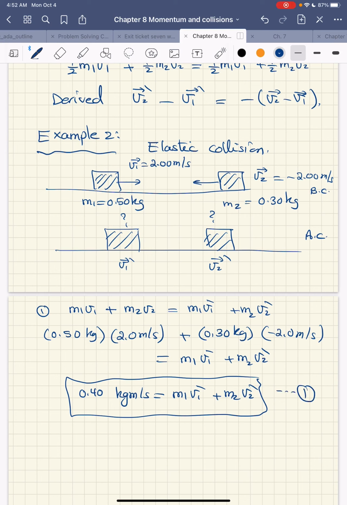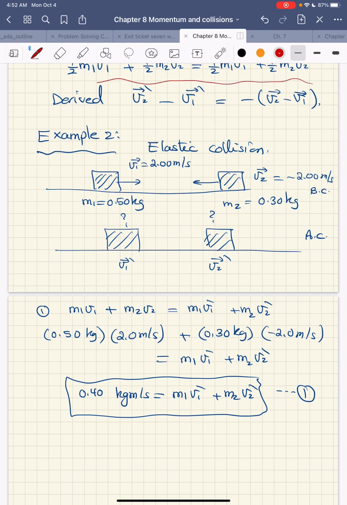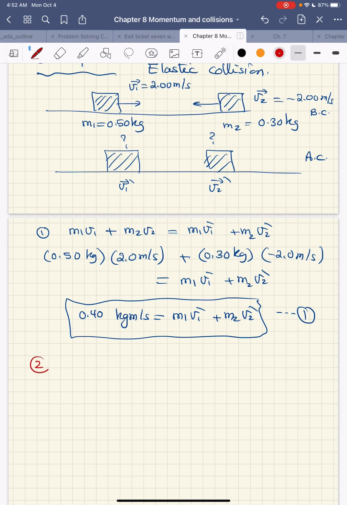I will use the second equation now. I will not use the energy. Like you can see in your textbook, sometimes we did use the energy because it's easy, but in my situation here, it's not. This one is much easier. This relation is gonna give me a relation between the final velocities, which I can plug in the first equation.